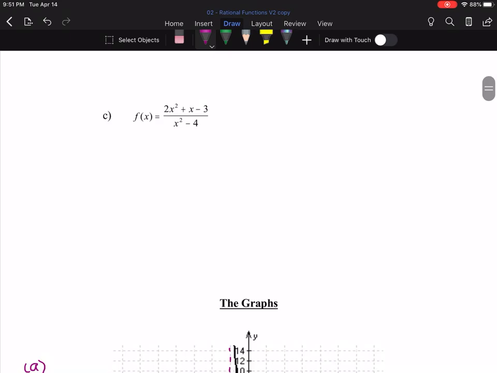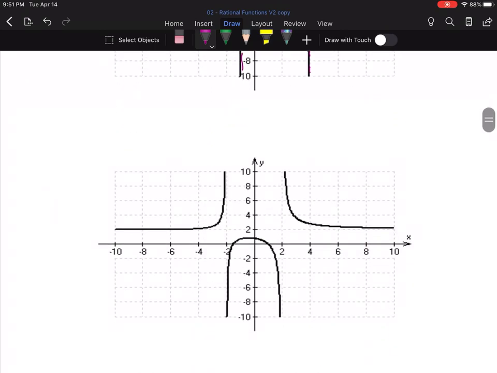Okay, third example here. First, domain issues. X squared minus 4 can't equal 0. Factor that thing. X can't equal negative 2, or x can't equal 2. Go back to the graph, and you see that graph for C had vertical asymptotes at negative 2 and 2.